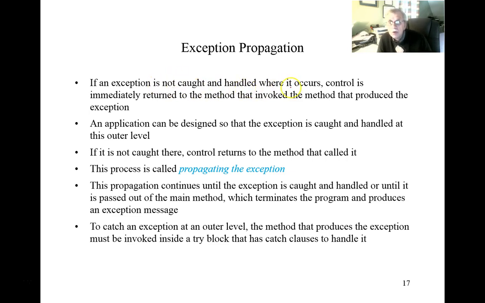If an exception is not caught and handled where it occurs, say within some method that we may have invoked, control is going to be returned to the point at which that method was invoked, and it becomes the responsibility of the code at that location to deal with the exception. So it's possible to design an application such that the exception is caught and handled outside the point at which it's detected, at this outer level.